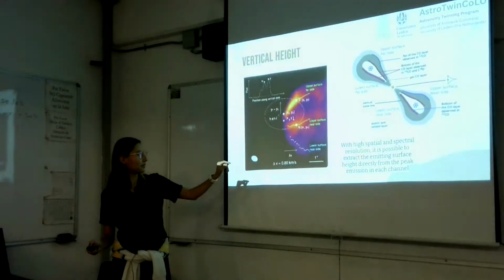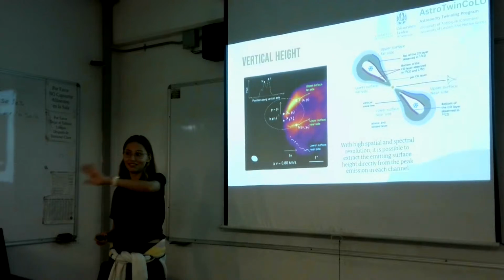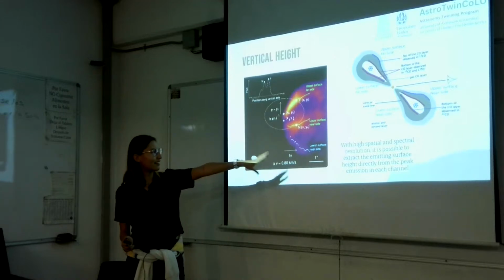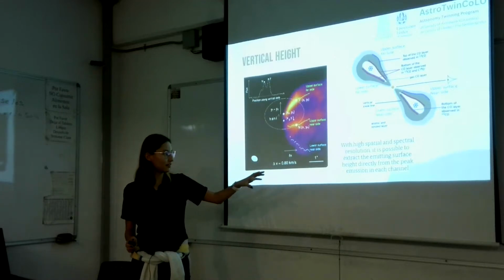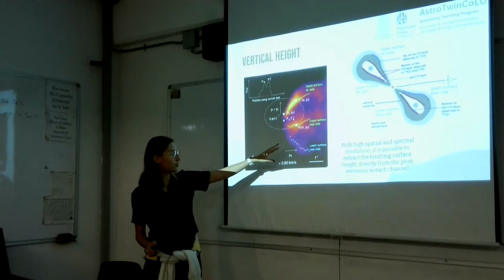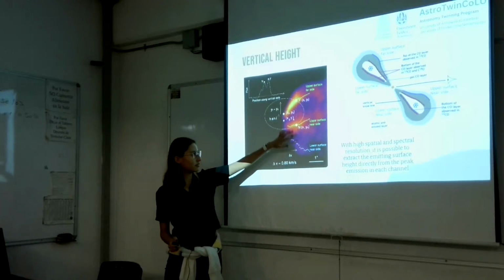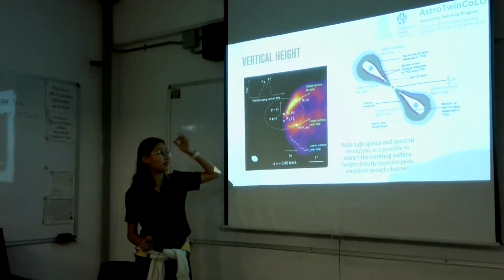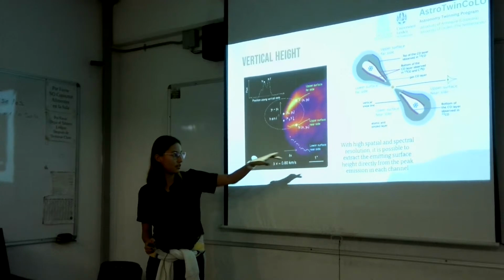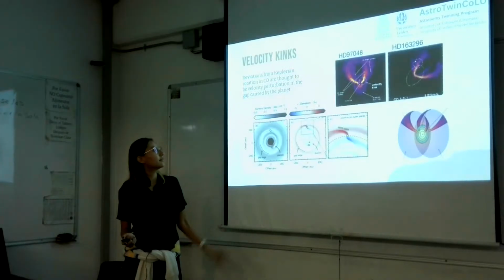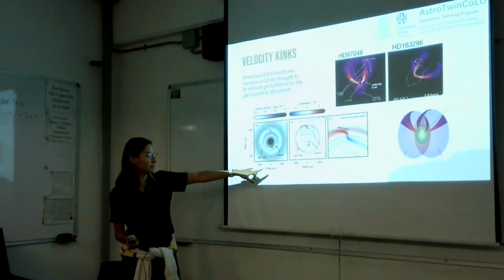This is pretty important for understanding the article. I took these images from the professor's presentation. So this is a vertical cut. Basically, what is important about this is to take into account these two different color zones that are shown because of the emission surface. And the velocity kinks, this is pretty important in this paper.